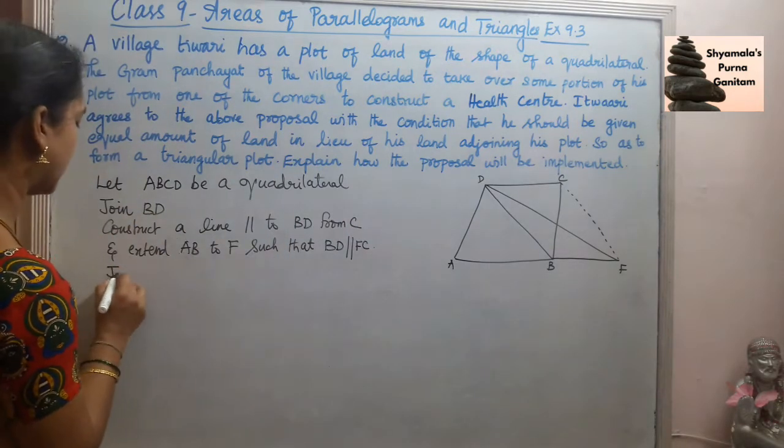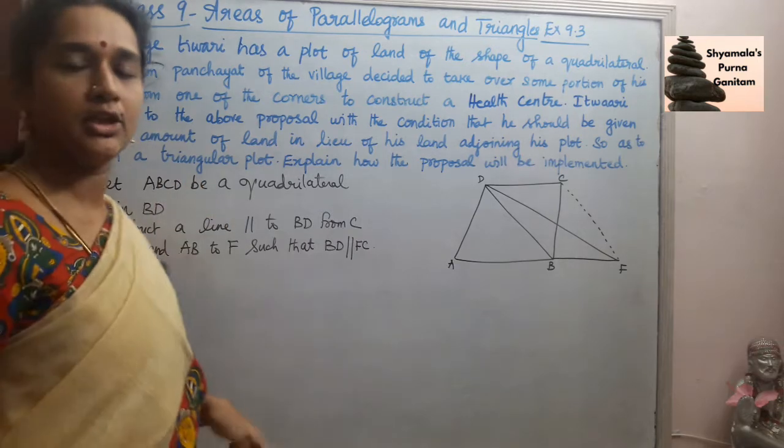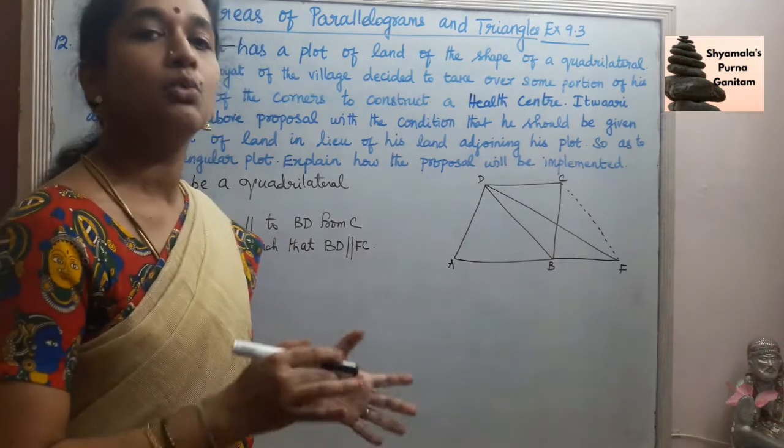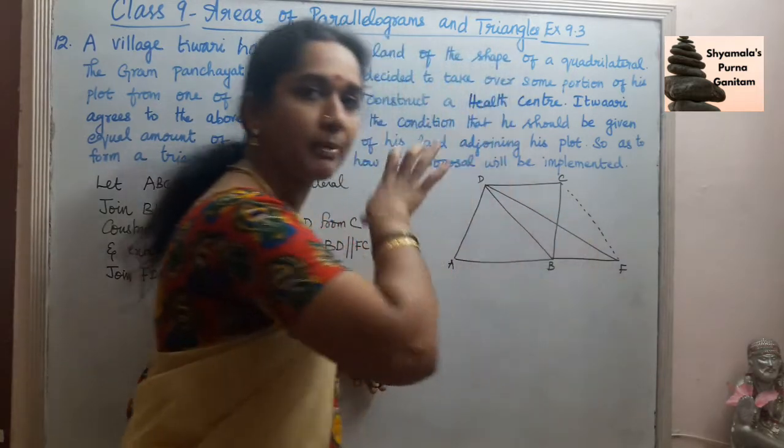Now join FD. So now BD and CF are parallel to each other.